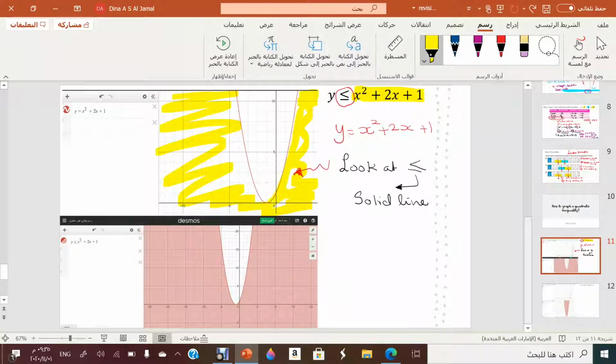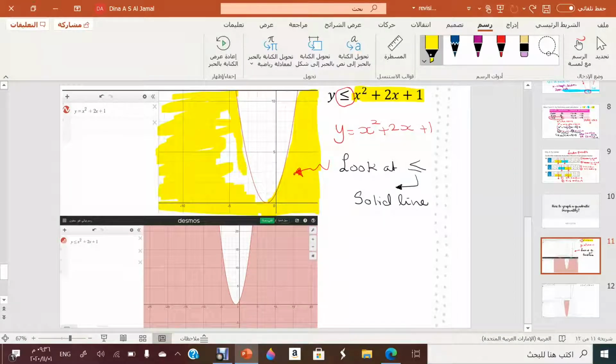So it's all about you need to graph the quadratic equation, check the line, and then check the shading. That's it. And for the solution set, please go back to the lesson and revise how you can write the solution set. I gave you a table method which is very easy. Please revise it. If you are having any question, you can ask me.